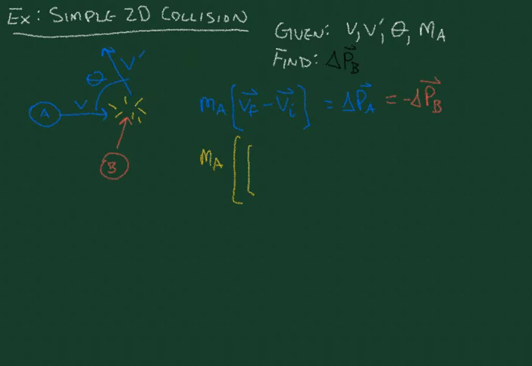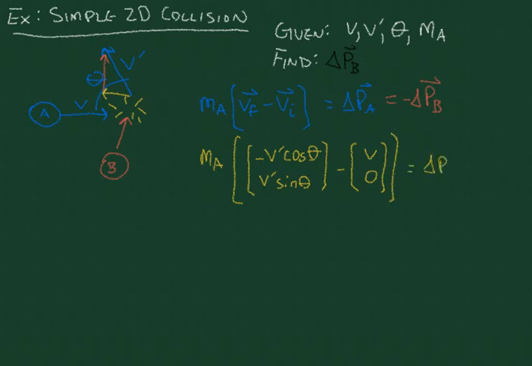So we look at the x component of the final velocity. The x component is minus v prime cosine theta, and then we also have a y component. The y component is straight up, so that's v prime sine theta. And then we subtract the initial velocity, which is just v in the x direction, and it has no y component.